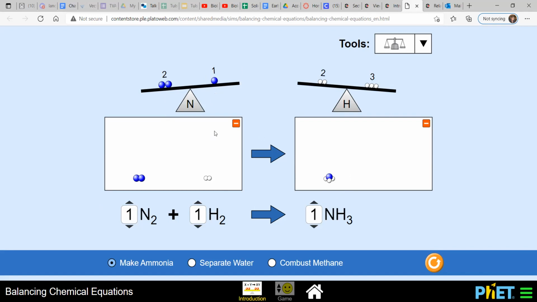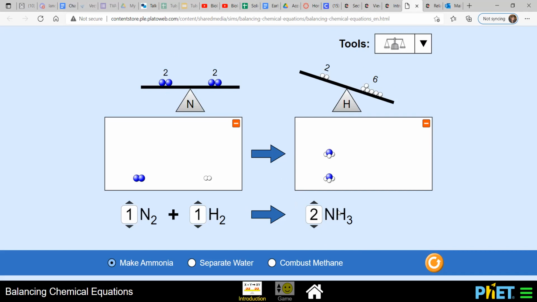Okay, so we need to maneuver this around to make sure everything is in balance. One easy way to do that is to add another ammonia molecule. We have nitrogen, hydrogen, and that makes ammonia.